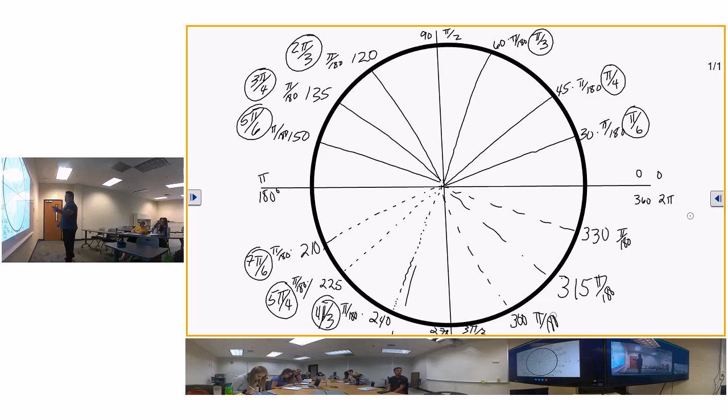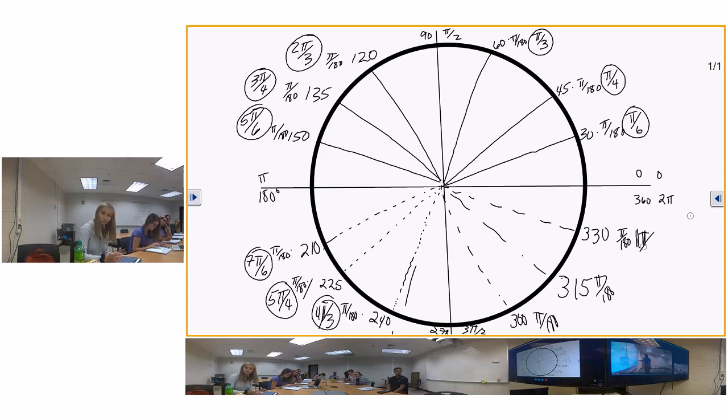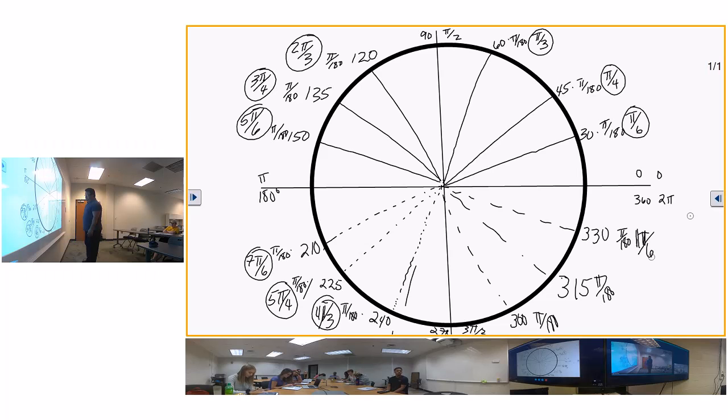But 330, that's 11 pi over 6, isn't it? 11 pi over 6. 300, that's what? 5 pi over 3? Check me. 5 pi over 3. And what's 45, or which one's this one? 7 pi over 4.